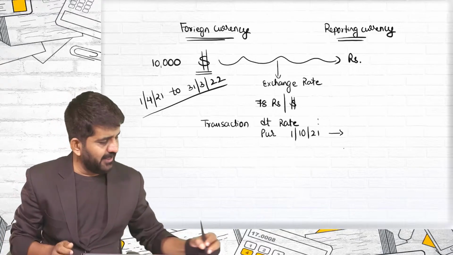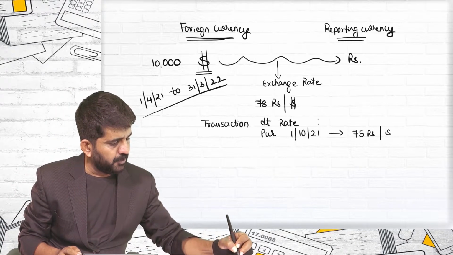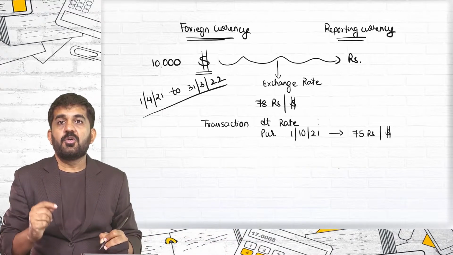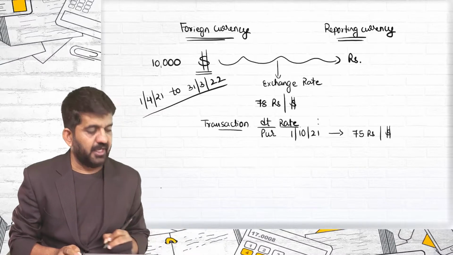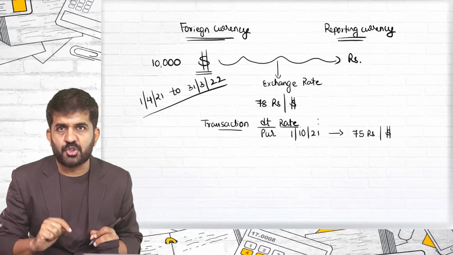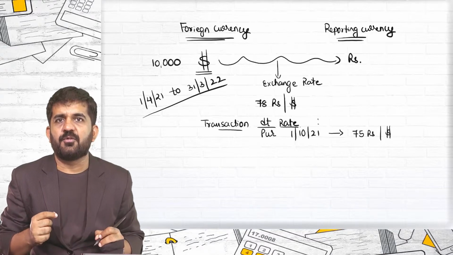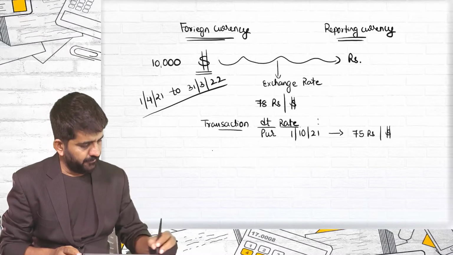On that date, the dollar rate was 75 rupees per dollar. For this transaction, this is the transaction date rate: the rate when the transaction happened, that is on 1st October.